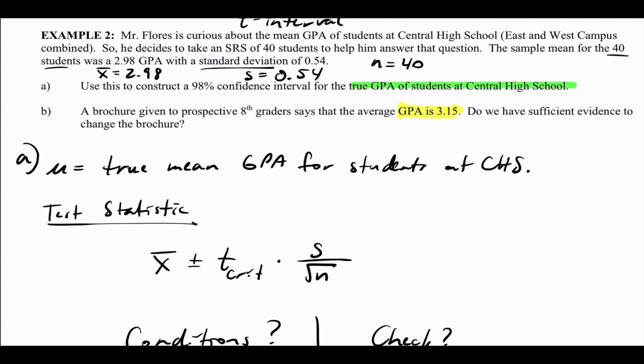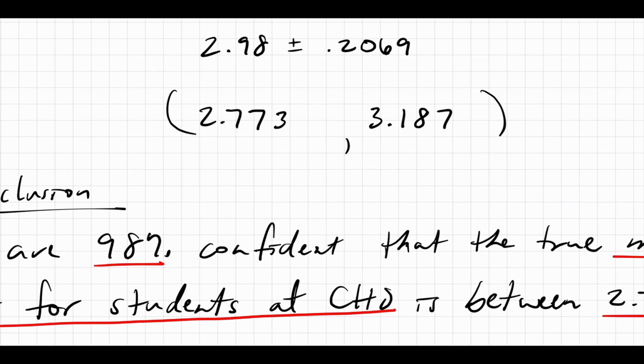Because it's within the interval, exactly. So this is where it's important. We never say you're right. All we say is we don't have enough evidence or sufficient evidence to say you're wrong. I'm 98% confident that the true answer is between here and here, right?